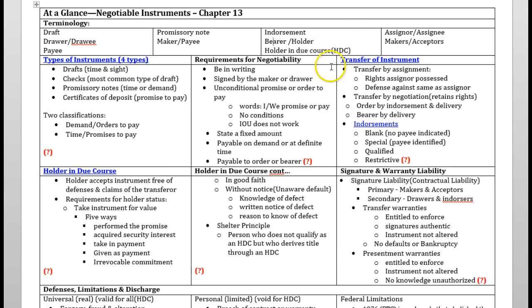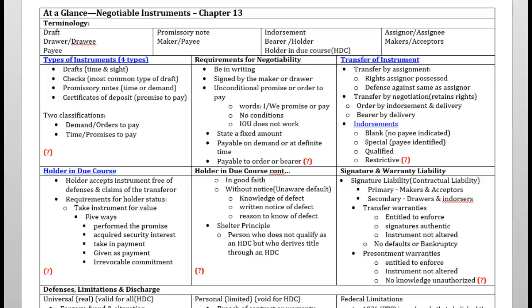Basically what that's saying is you hold the instrument, you bear the instrument. There's one other we're going to look at, and it's called holder in due course. This is a person who is usually a third party, and it's somebody who's acquired the negotiable instrument for value or in good faith, and it's usually similar to somebody who's transferred that instrument to a third party.